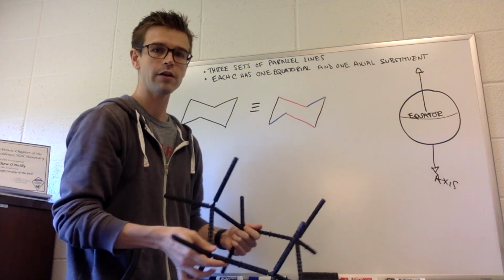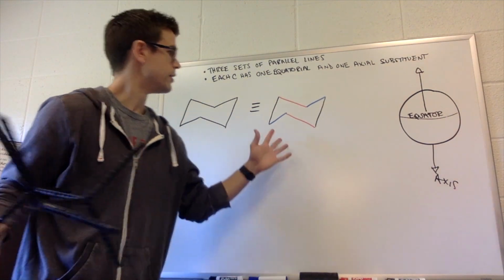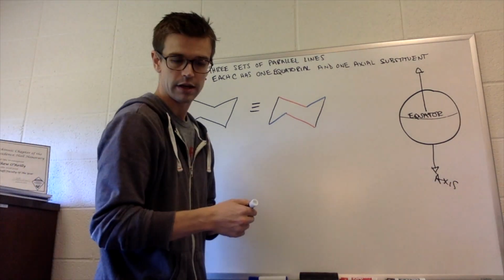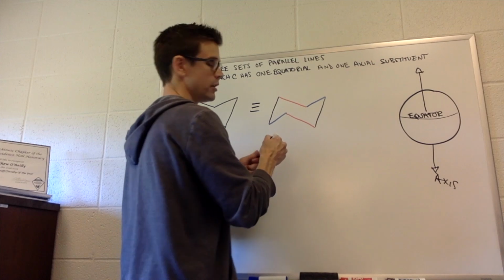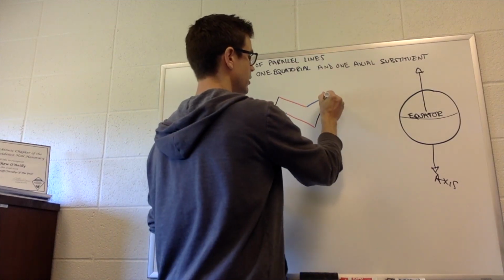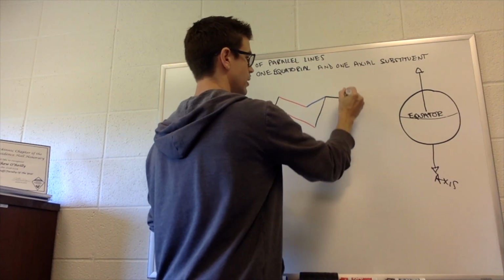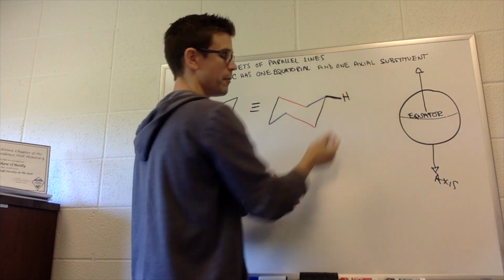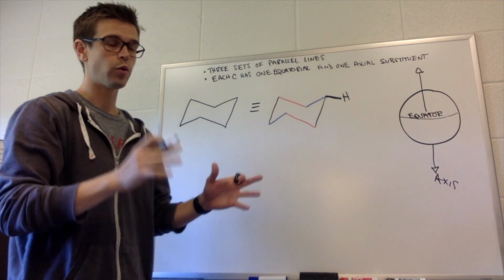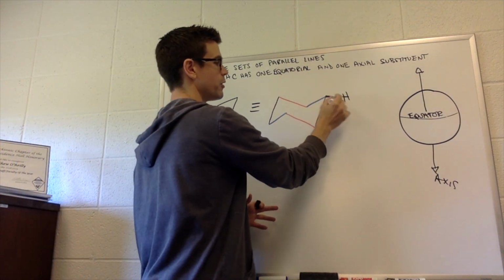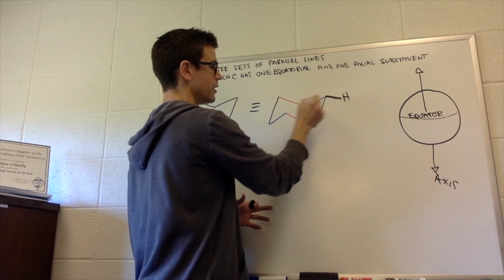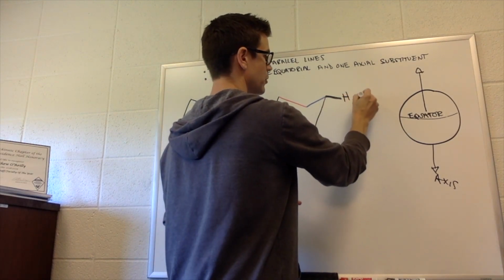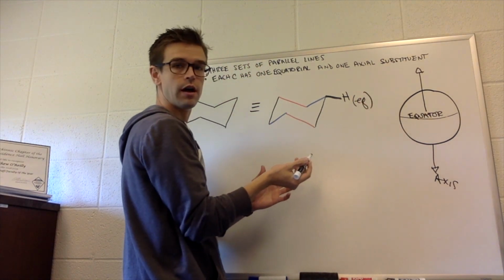So how does that look on the structure as we draw it here? Well, each carbon is going to have two protons on it, and the equatorial protons should be parallel with some of the lines. So this line here is roughly parallel with this pink line, and this is the equatorial hydrogen.